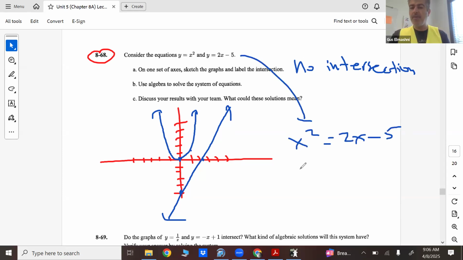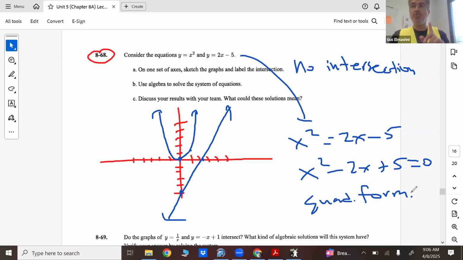It's a quadratic. And if you do quad form, by the way, your programs and your calculator can actually do these for you, just so you know. If you do quad form, you have 2 imaginary answers. I won't solve it because I know you guys can work it out.